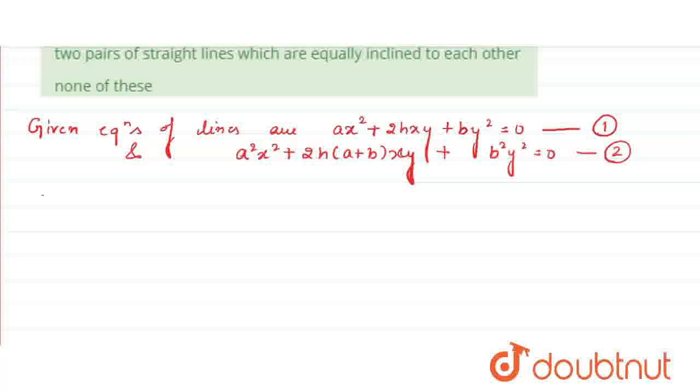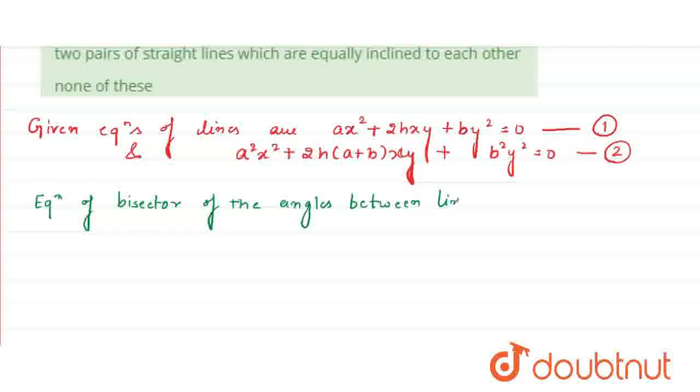So the equation of the bisector of the angles between lines ax² + 2hxy + by² = 0.